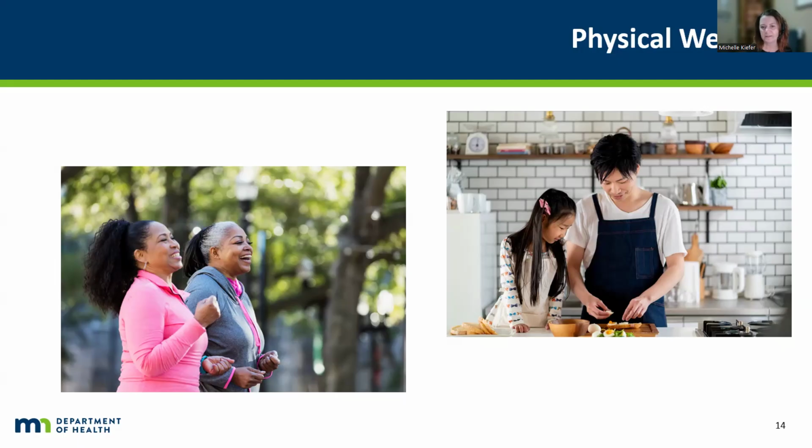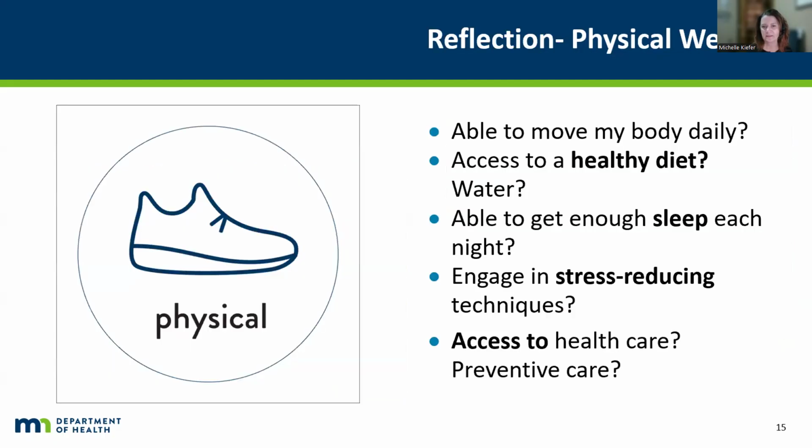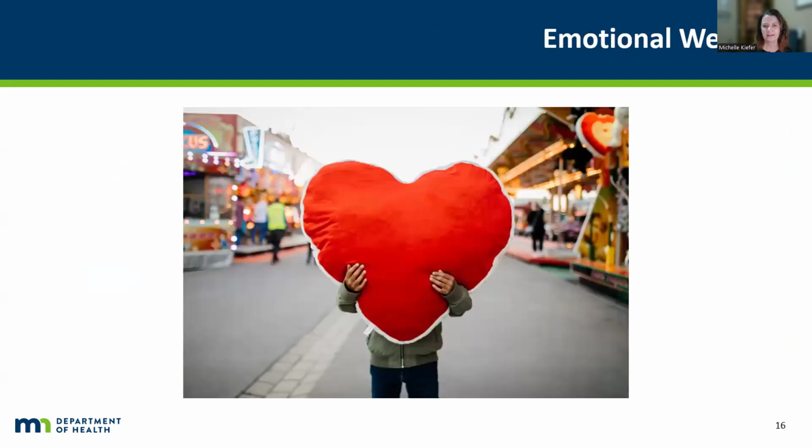Moving on to emotional wellness. Go ahead and go to the next slide. Thank you. Emotional wellness. So what does that look like? It's developing awareness and understanding and acceptance of your feelings. You are effectively managing stress, recognizing your limitations, and maintaining a sense of optimism.